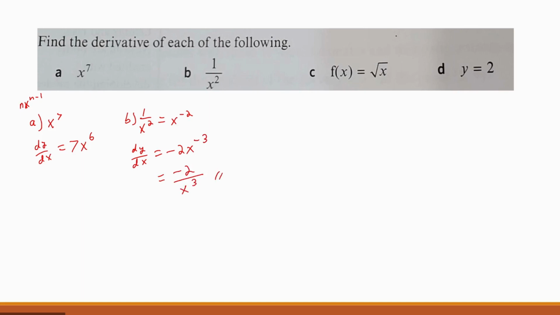Alright, so part c, y is equal to square root x. So you can rewrite this first: y is equal to x raised to the power of 1 over 2.